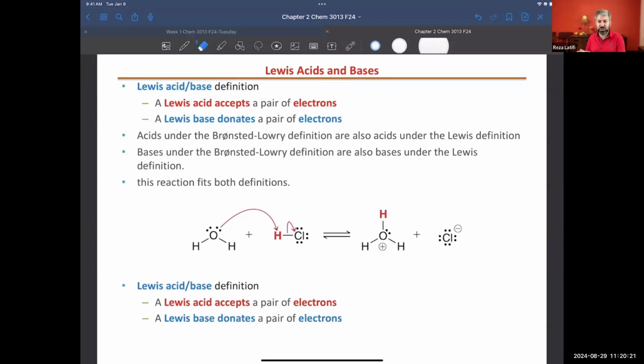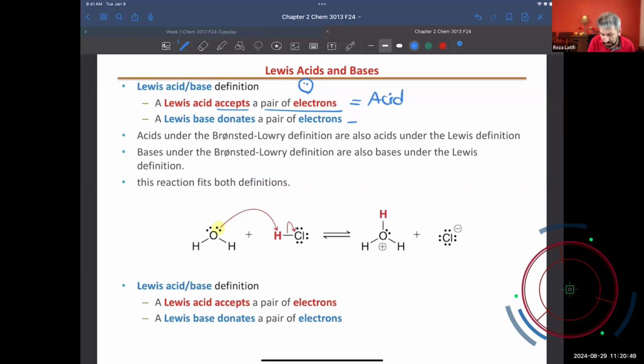Now, when we are talking about Lewis acids and Lewis bases, we are not dealing with H. We don't care about H. What we care about is the lone pair. Are you accepting or donating a lone pair? If you are accepting a lone pair, you will be an acid. If you are donating a lone pair, you will be a base.